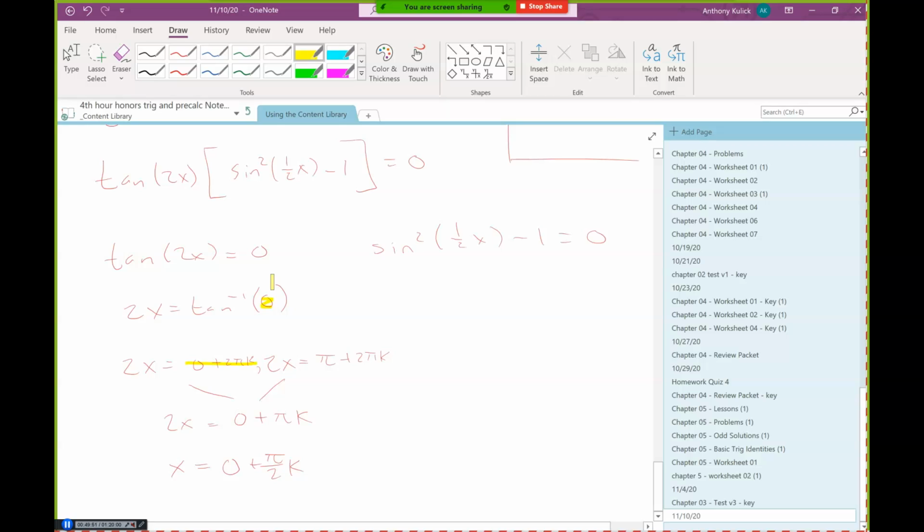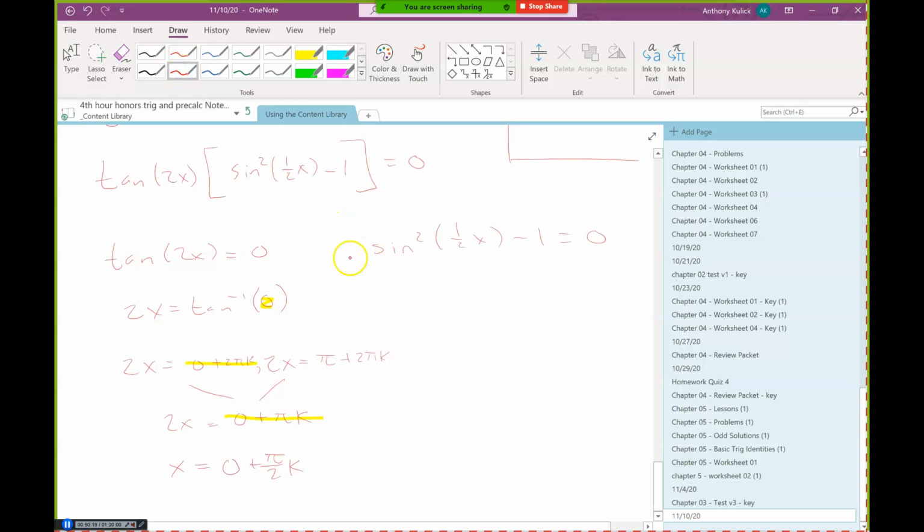That happens at 0 degrees, right here on the x-axis, and also here at pi, where it's 0. Then again at 2 pi, 3 pi, 4 pi, 5 pi, 6 pi. So every pi units it's hitting another one of these points that we care about. I just consolidated that down into 0 plus pi k.